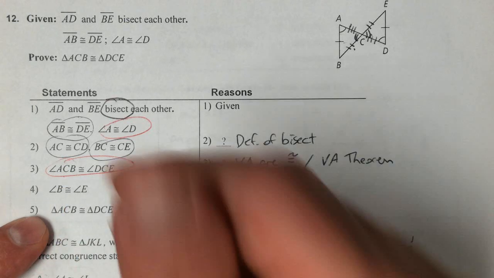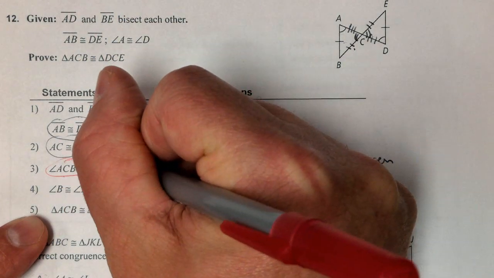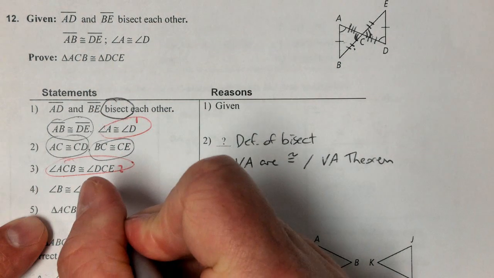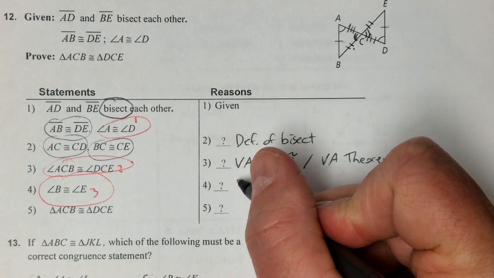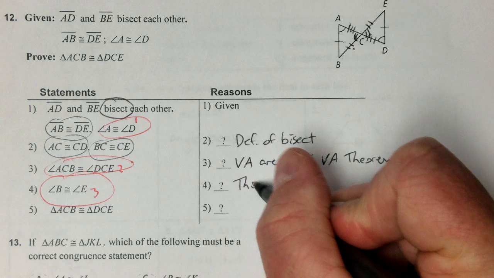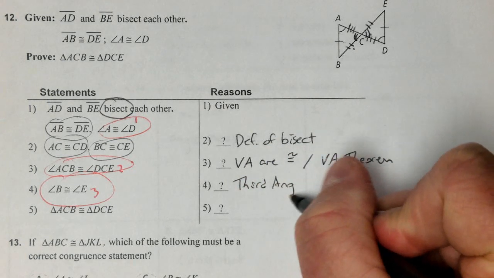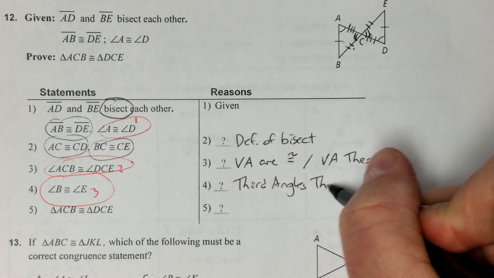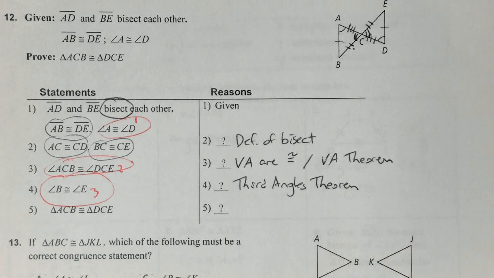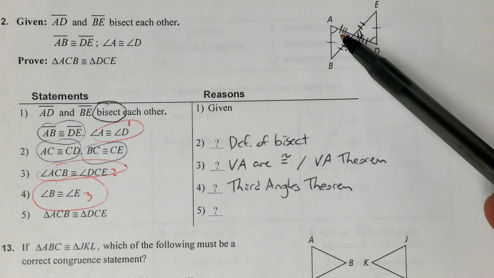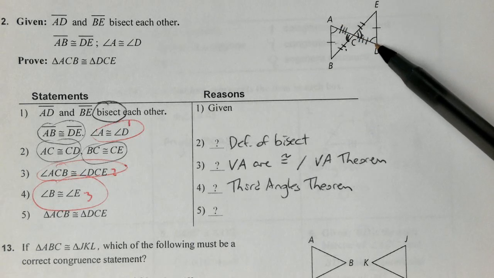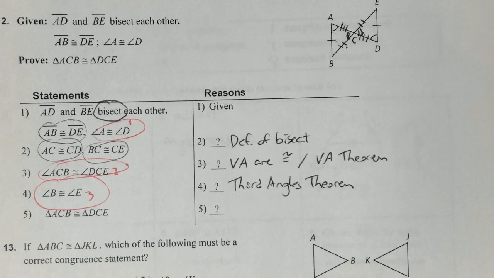This would be our third set. And because of that, we would use our third angles theorem. So, like we've said before, if 2 of them in one triangle are equal to 2 in another triangle, then your third angles would be equal.